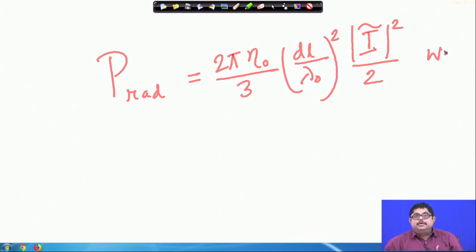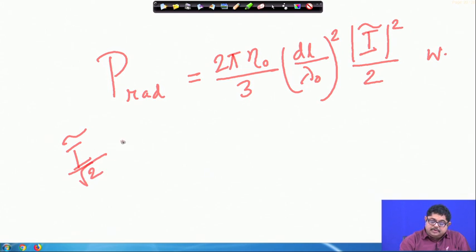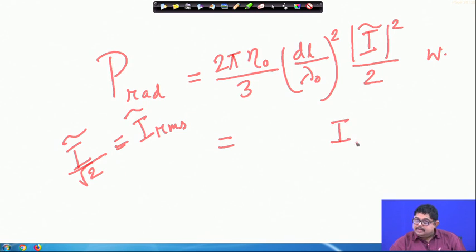Now, from here, if I call I by root 2 as I RMS because it is a sinusoidal power, in those terms I can write it as I RMS square times the whole rest of the thing. You see power is equal to I square R, so who is missing?